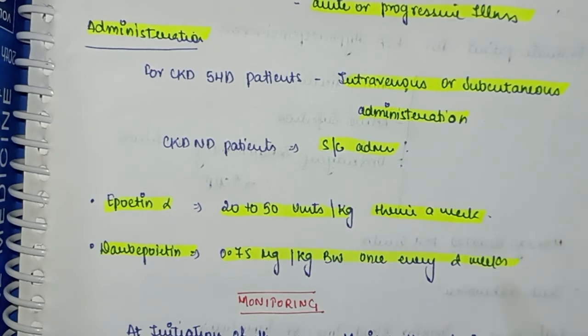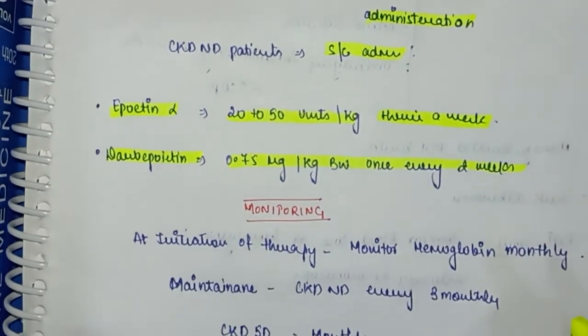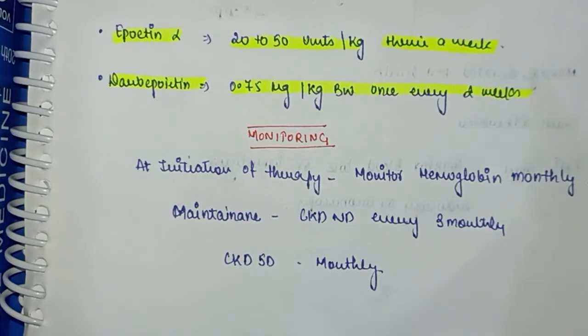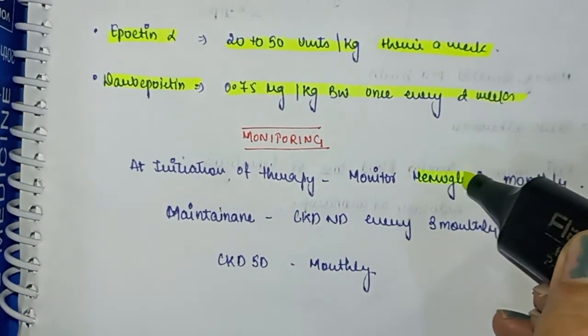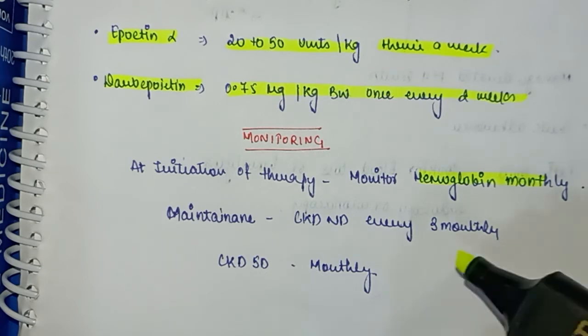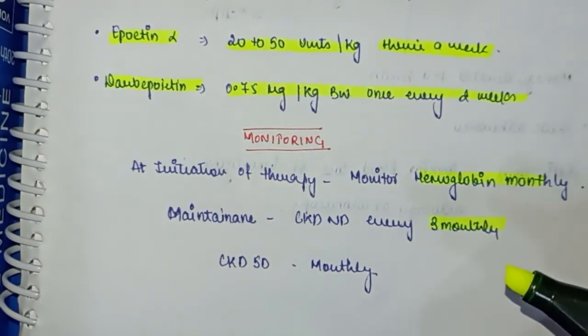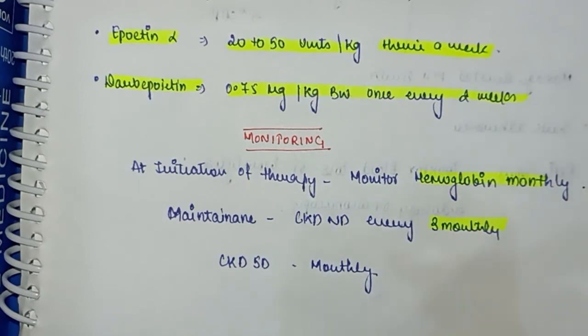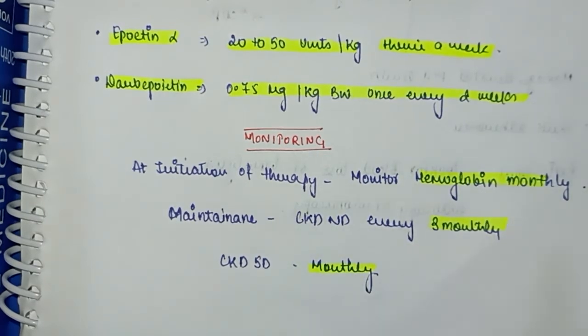So how to monitor the therapy? At initiation of therapy, monitor the hemoglobin monthly. At maintenance dose, in CKD non-dialytic patients, monitor hemoglobin every 3 months, and in CKD patients who are on dialysis, monitor hemoglobin on a monthly basis.